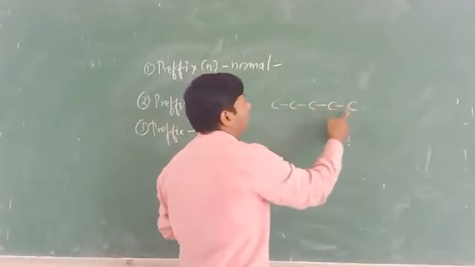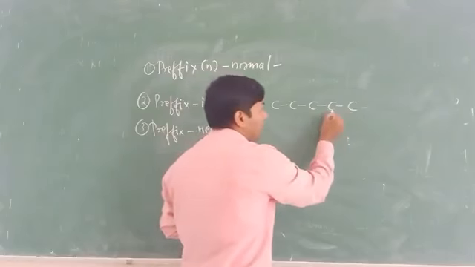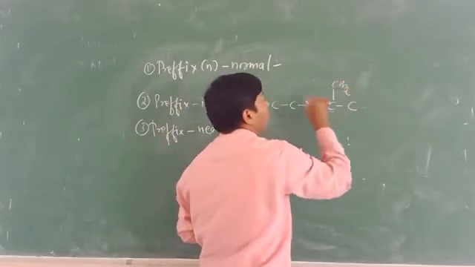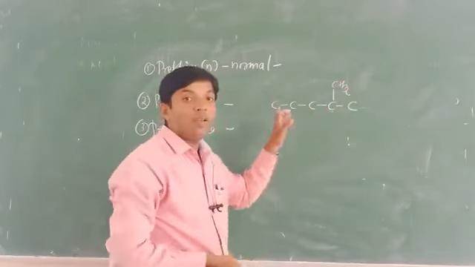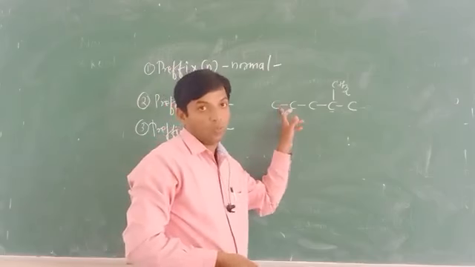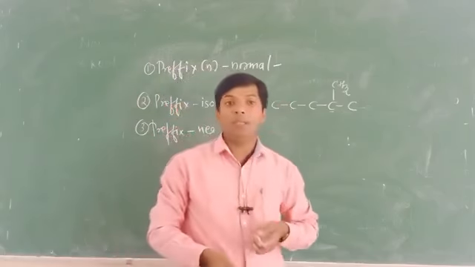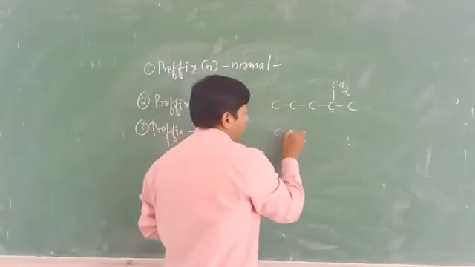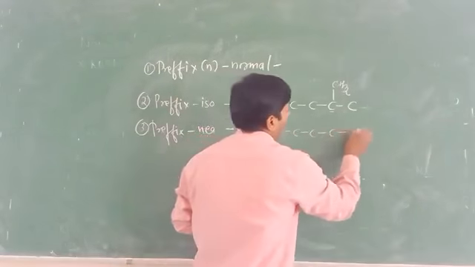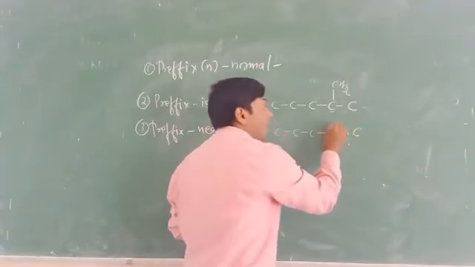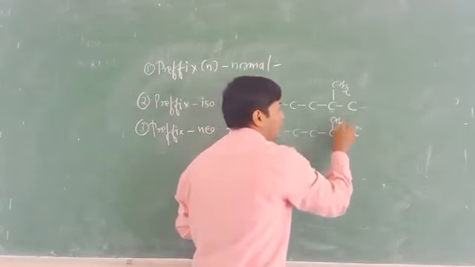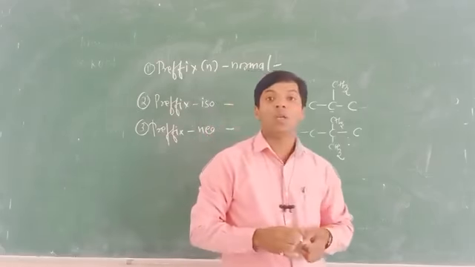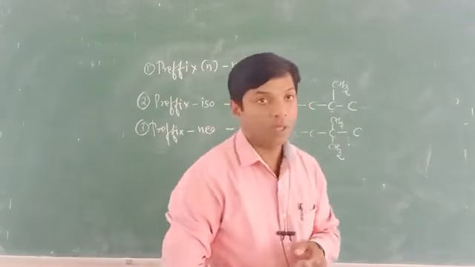If I consider this the second last carbon atom, and the second last carbon atom has one methyl group, at that time you can use the word iso. When you want to use the prefix neo, the compound has a straight chain, but the second last carbon atom has 2 methyl groups, then you can use the prefix neo.